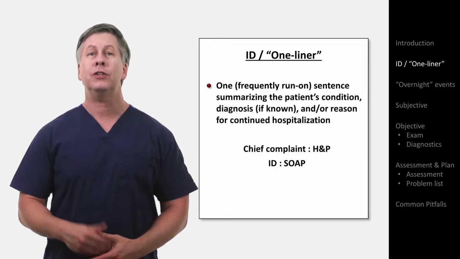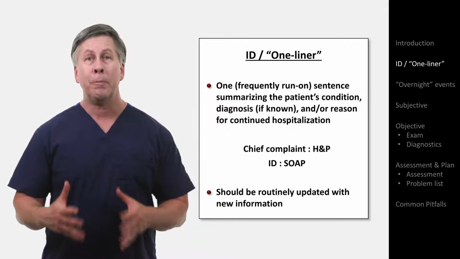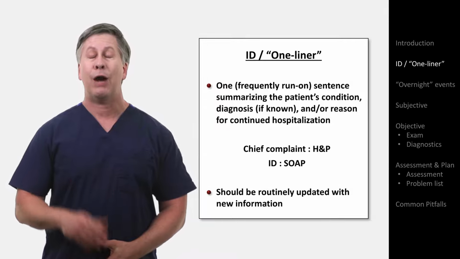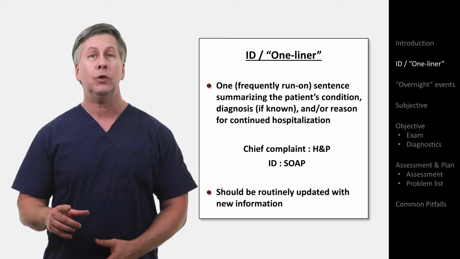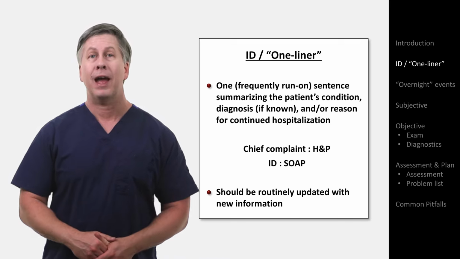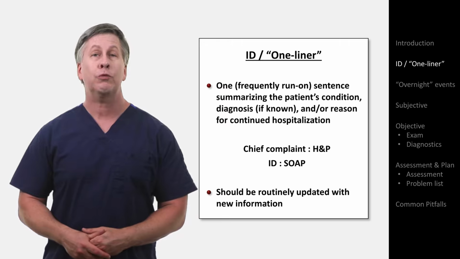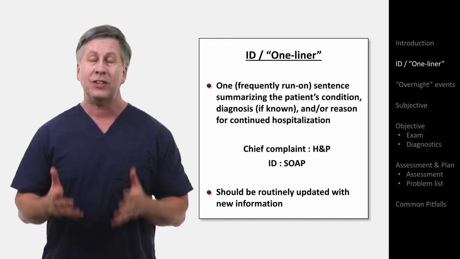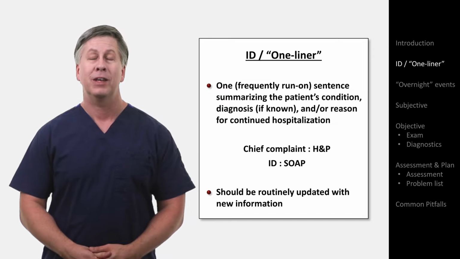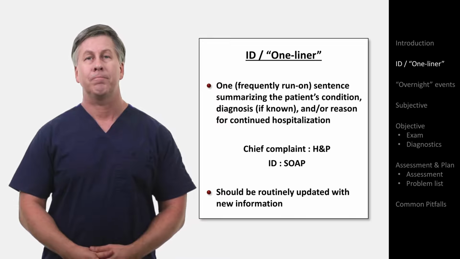Importantly, as the patient's condition evolves over time, the ID line should be routinely updated with new information. However, the ID line is also often imported into the note template by the EMR, as the ID line has been entered into the chart in another location. So routinely updating it takes an extra cognitive step. Let's take a look at some examples of good ID lines.